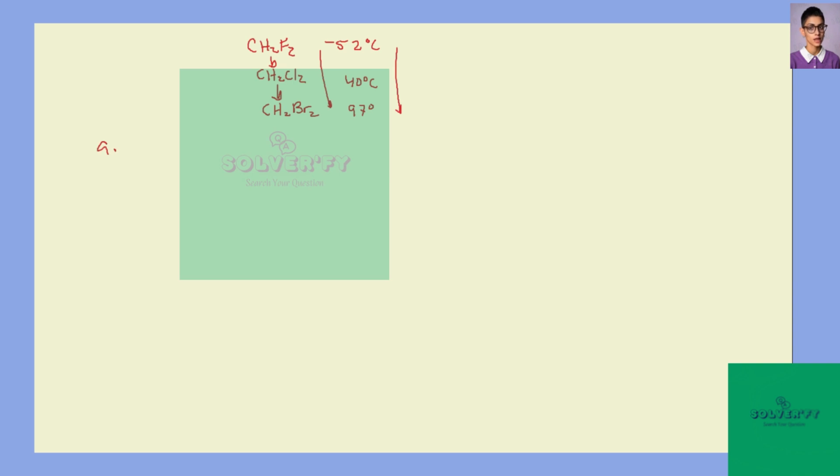So let's go to the questions. The first one says the larger the dipole moment, the stronger the intermolecular force. Therefore, the boiling point is lowest for the molecule with the largest dipole moment. Okay, so let's dissect that a little bit. The first half of this is true: if you have a large dipole moment, that's going to lead to stronger dipole-dipole forces. But the second part doesn't make sense.